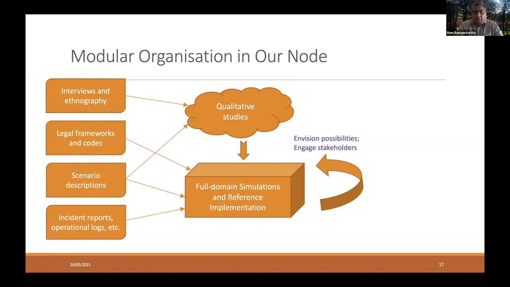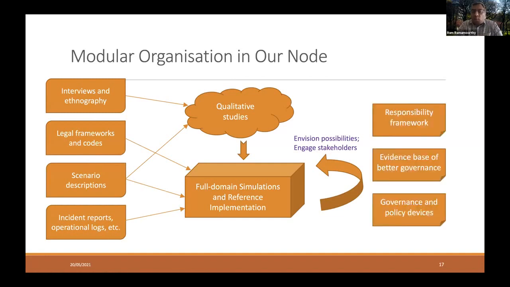And so the input to the buildup of these kinds of case study systems would be ethnography, existing legal frameworks, scenario descriptions in a technical sense, incident reports from previous such systems. And what will come out is an understanding of what responsible development of these kinds of systems would look like. Evidence-based, for instance: what are good ways of achieving high reliability?